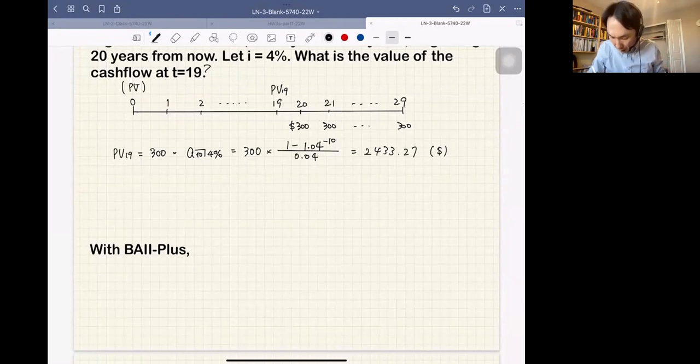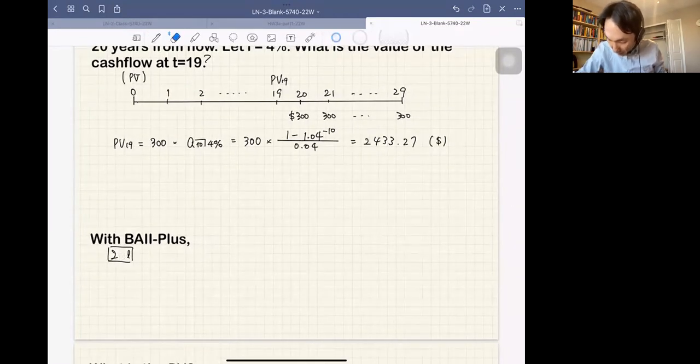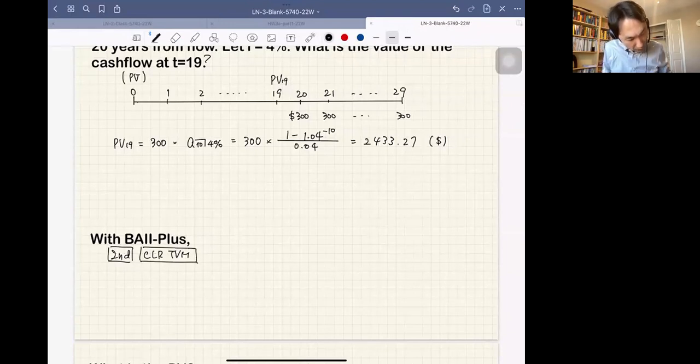So at first, we clear memory. Second is a gray button, and the clear TVM is on the third row, the last column, the most right.